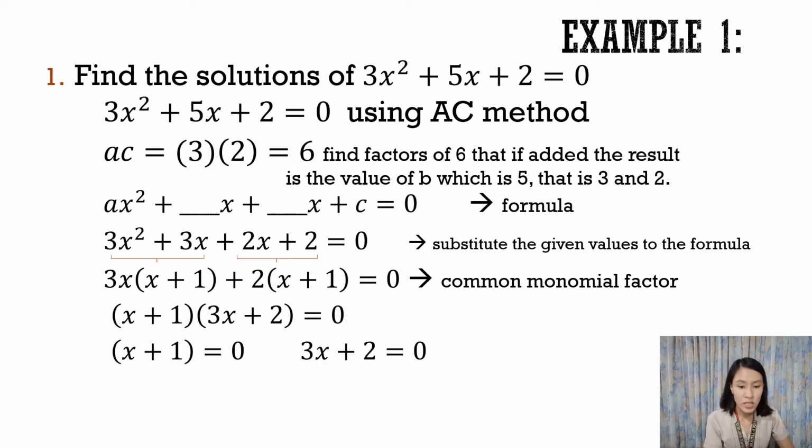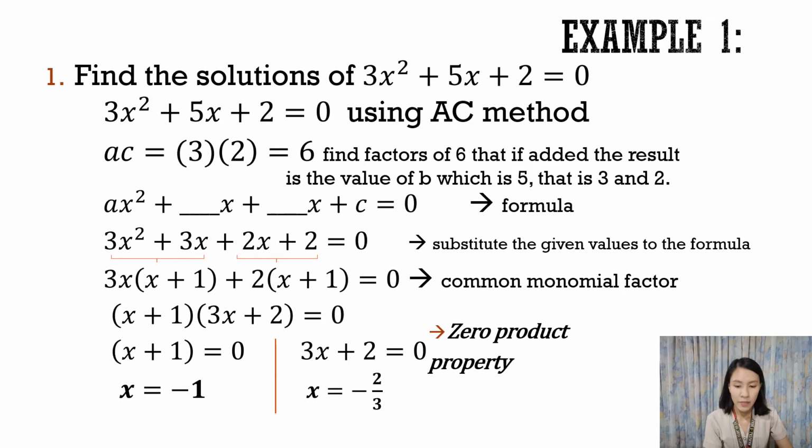Now, using the zero product property, equate the first factor, x plus 1 is equal to 0, and the second factor, 3x plus 2 is equal to 0. Then by the addition property of equality, the value of x will become x is equal to negative 1 and x is equal to negative 2/3.